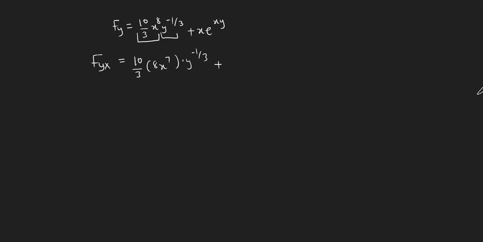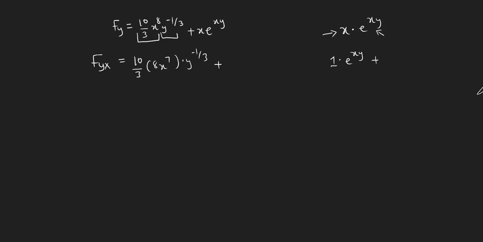So plus, let's look at this term here. We're going to differentiate with respect to x. So I have x multiplying e to the power xy. So now let's apply the product rule here. I'll first differentiate this x and then keep this term. So the derivative of x is 1. So we have 1 multiplying e to the power xy.